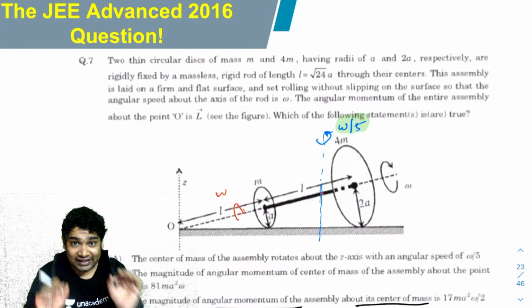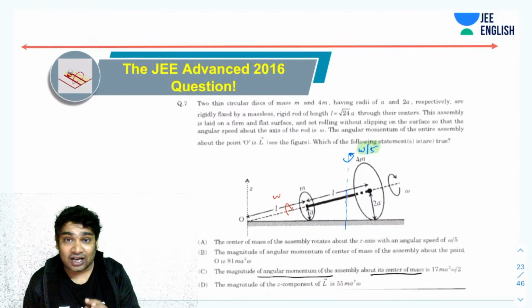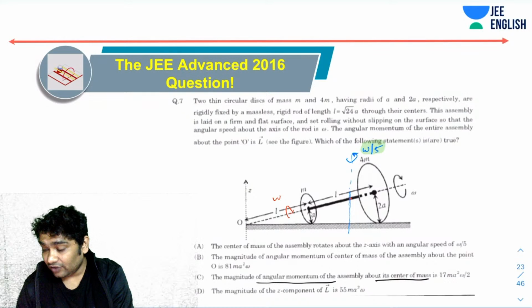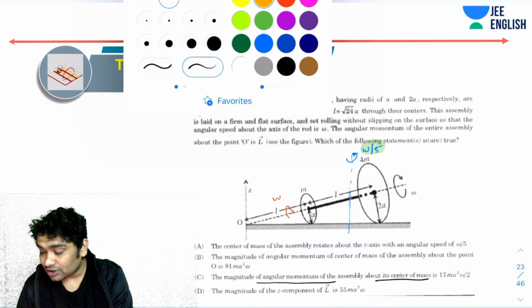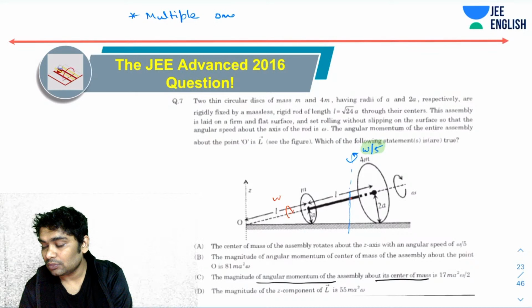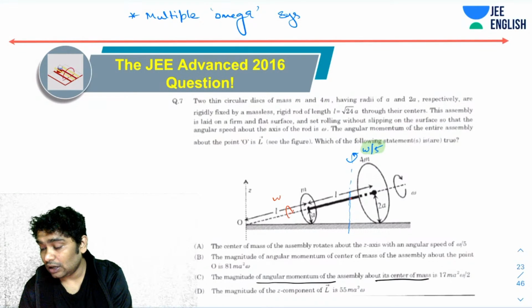Now, the reason IIT should not have asked you this question is because of two reasons. First, multiple omega systems are not in your syllabus.